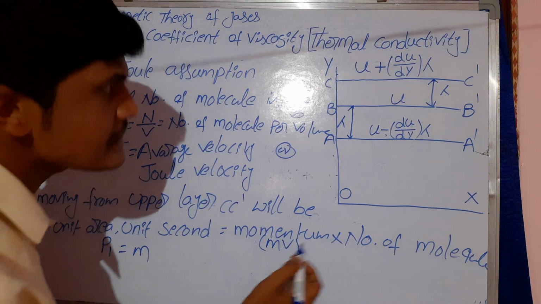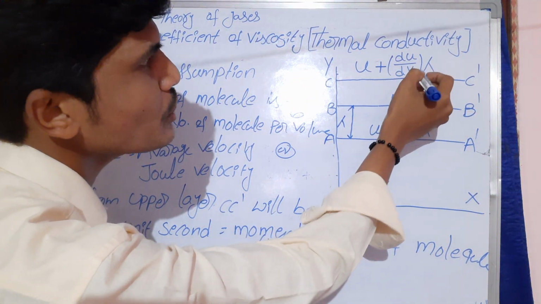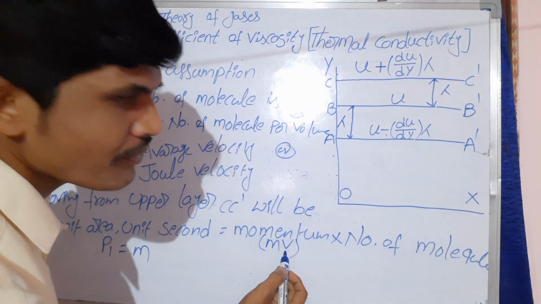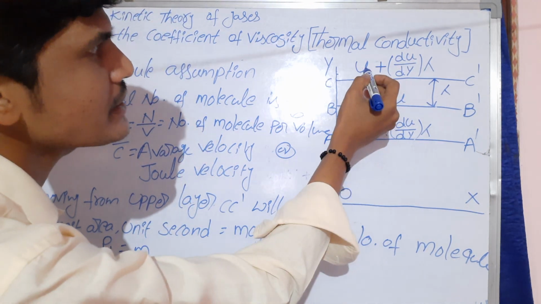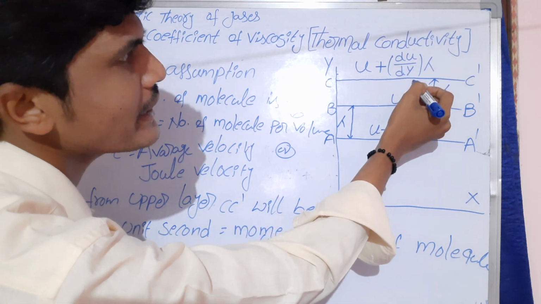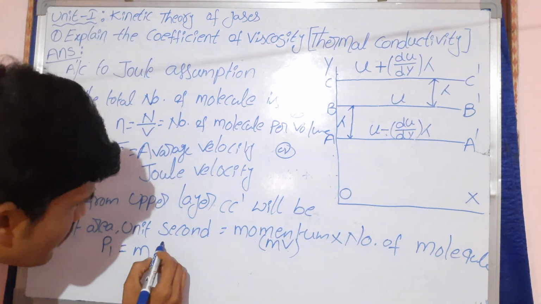This velocity is u plus du by dy into lambda.